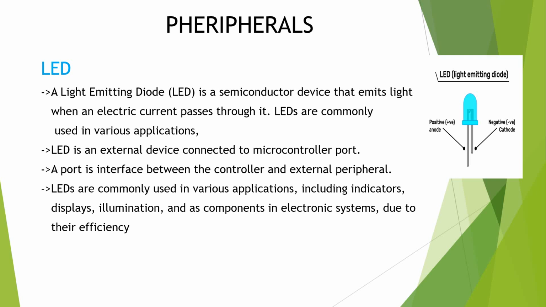So here we can see that the LED consists of two pins, that is the positive anode pin and the negative cathode pin. Here the positive pin can be connected to the port pins of a microcontroller, and the negative pin can be connected to the ground. So LED is an external device which can be connected to the microcontroller port. LEDs we can use commonly for indicating lights, displays, illuminations. So this is all about the LEDs.